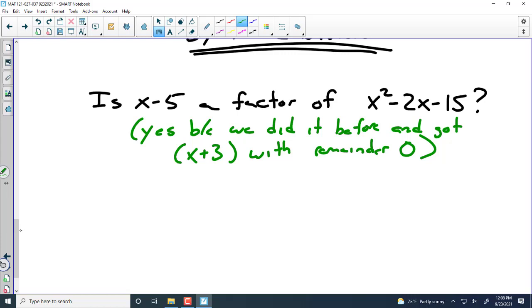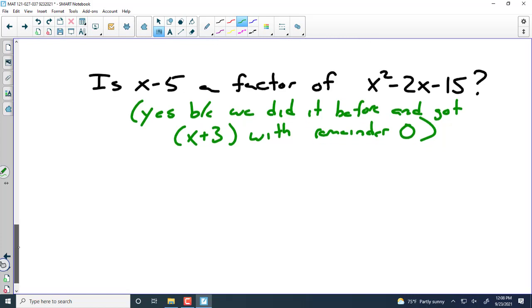And yes, it is, because I did this exact same problem before with long division, and I got x plus 3 as my answer with a remainder of 0. Why do I do the exact same problem again? Because I'm going to show you a different way to do it, and it's helpful to see one when we already know what the answer should be.